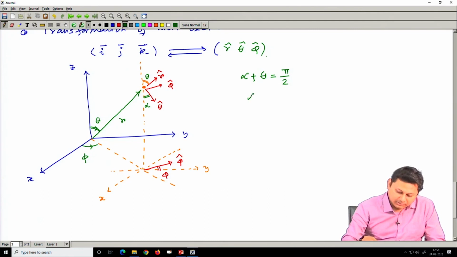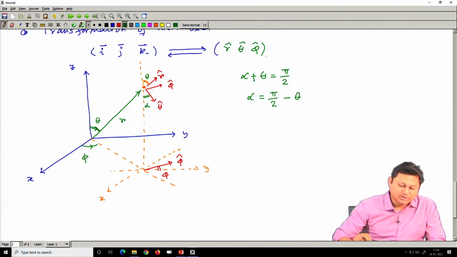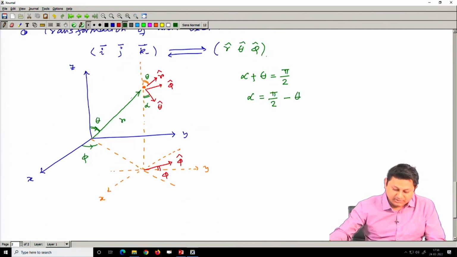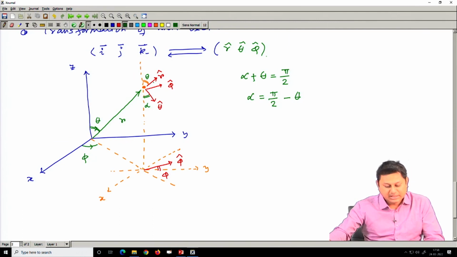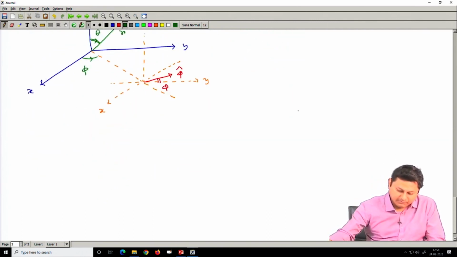So, alpha is pi by 2 minus theta. You can see that the r and theta unit vectors make 90 degrees. So, alpha plus theta has to be 90 degrees, because this is a straight line. So, with this picture, now we can decompose one by one. So, let us do that.